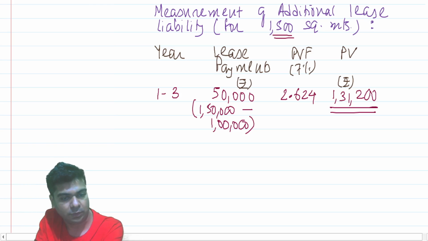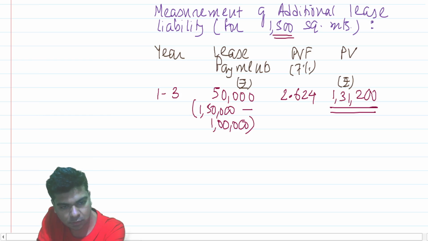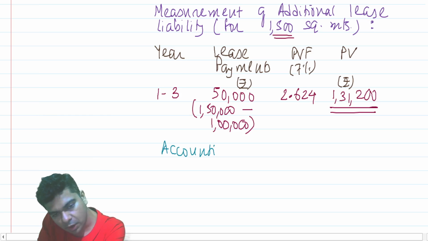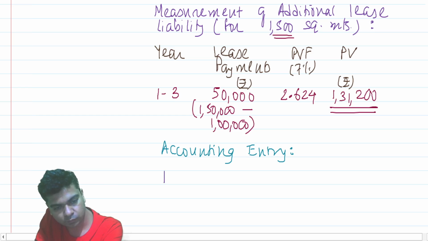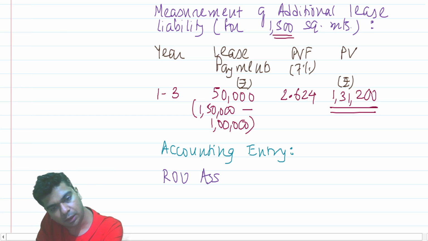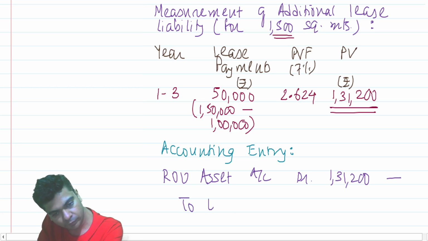So your accounting entry over here shall be ROU asset account debit 131,200 to lease liability account.